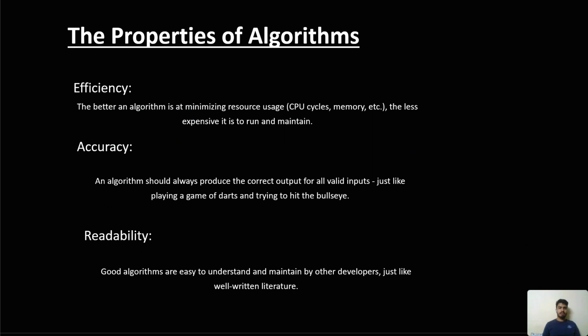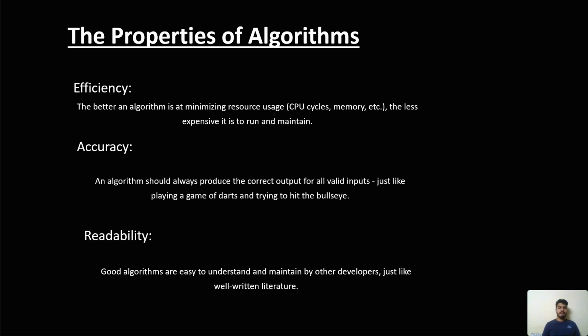Here we are going to understand the properties of algorithms. Efficiency, accuracy, and readability are the three properties of algorithms. Efficiency. The better an algorithm is at minimizing resource usage, that is CPU cycles, memory, etc., the less expensive it is to run and maintain.